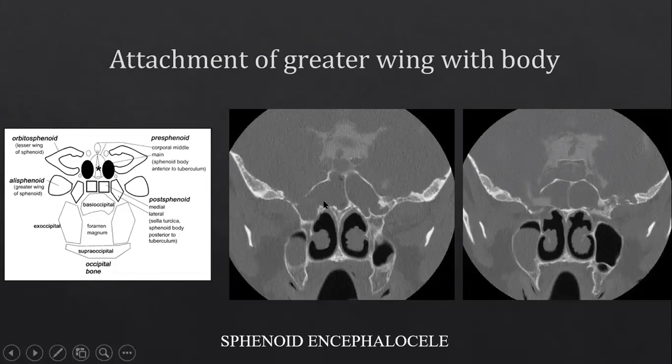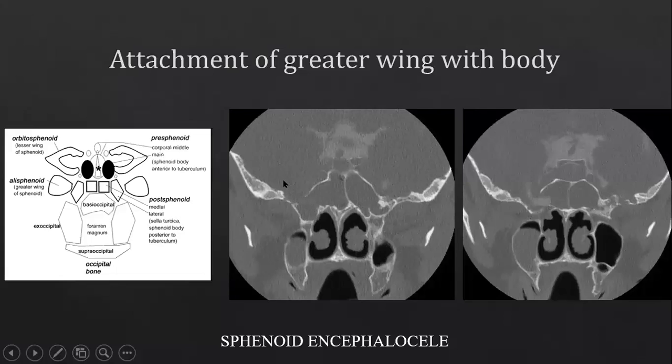So this is the sphenoid sinus, and these are the greater wings of sphenoid over here, which will form the floor of the middle cranial fossa and the lateral wall inferiorly. And you can see the deficiency here at the junction of the sphenoid with the post sphenoid. So this is the sphenoid, which is going to form the greater wing of sphenoid, and this is the post sphenoid, which forms mainly the body of the sphenoid itself.